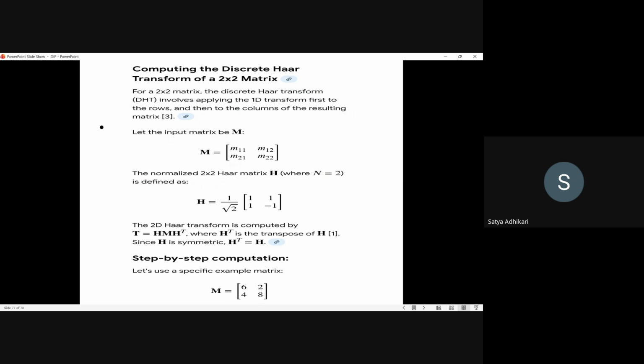Since H is symmetric, H transpose is equal to H. So in place of H transpose we may write H, because it is a symmetric matrix whose transpose is equal to the original matrix. We know that a matrix is said to be symmetric if its transpose is equal to the matrix itself, that is, A is A transpose, and it is known as antisymmetric or skew symmetric if A is equal to minus A transpose. Please recall symmetric and skew symmetric.